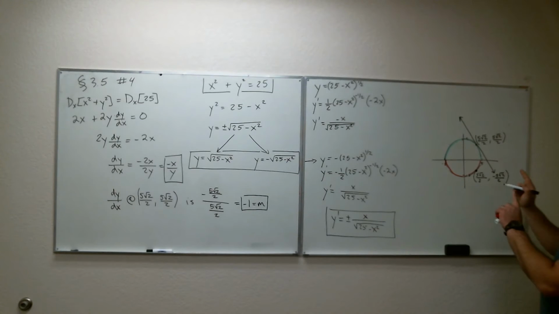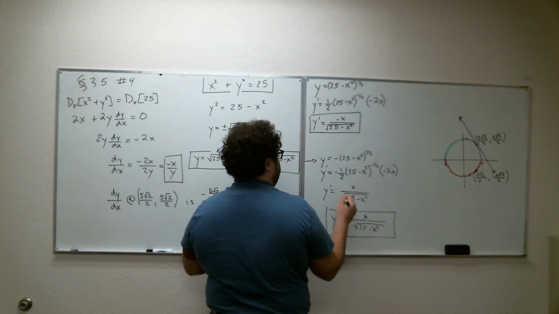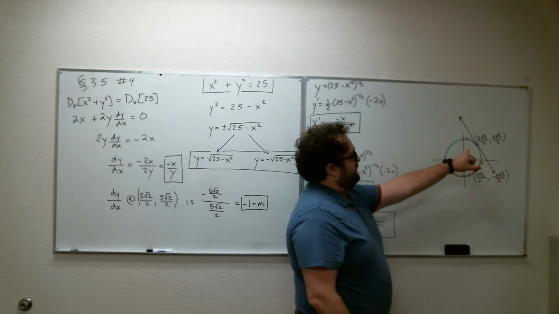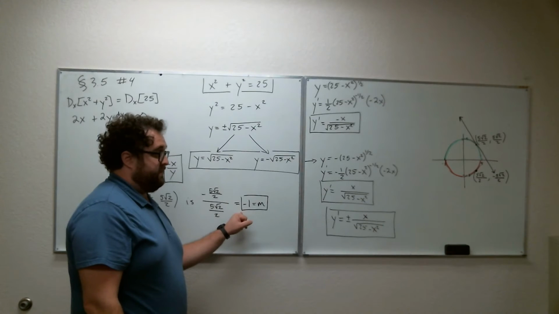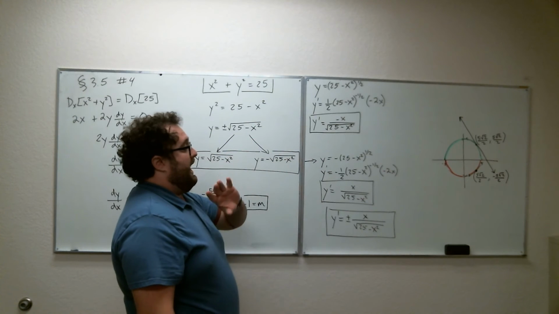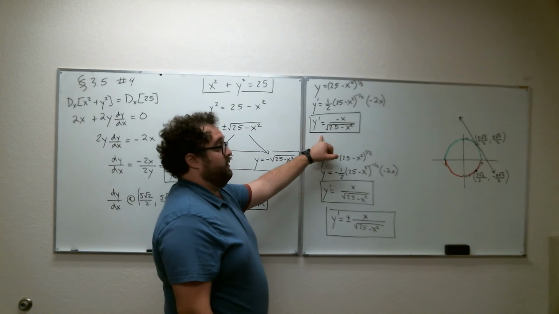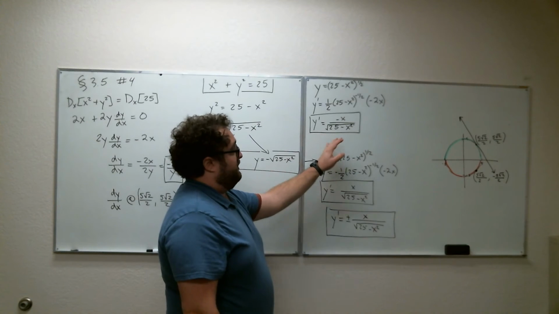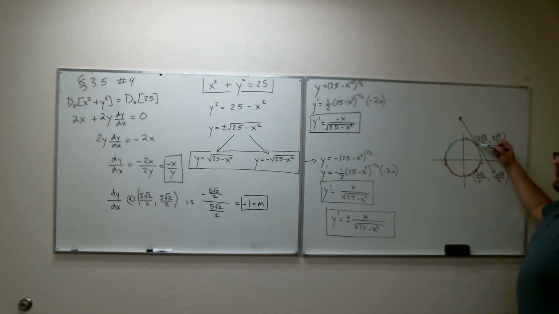Now, let me address the explicitly defined derivatives. So this and this. If I was going to find that slope that I just found using the implicit derivative, and I was going to use an explicit derivative instead, I would be forced to use this one right here. I would have to use that derivative because it is the derivative for the upper half, and this point is on the upper half of the circle.